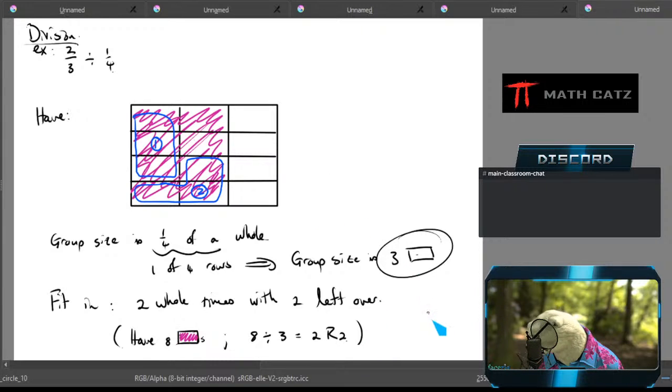So I know my answer. I know my answer is going to be, I'm just going to put it up here in the corner here. My answer is going to be 2 whole times, excuse me, get all choked up about division. 2 whole times I can fit it in with 2 of the 3 that I need left over.